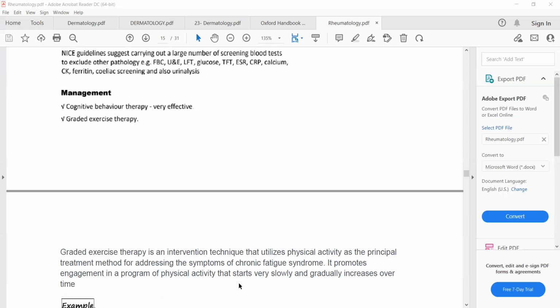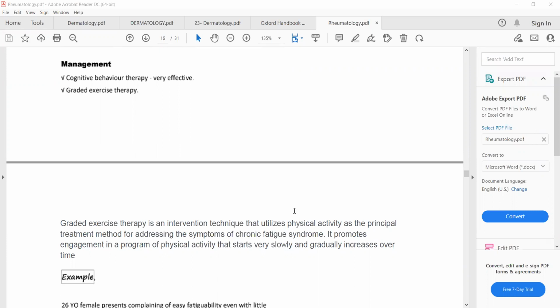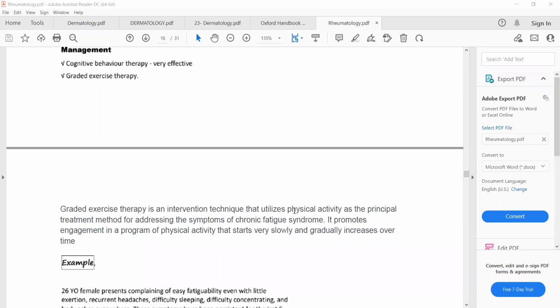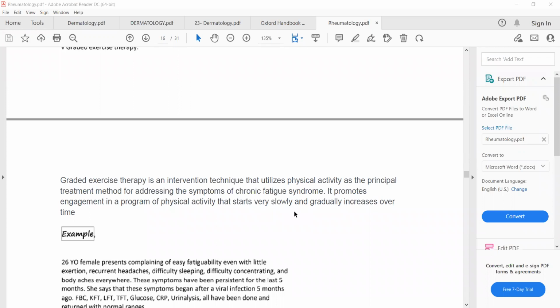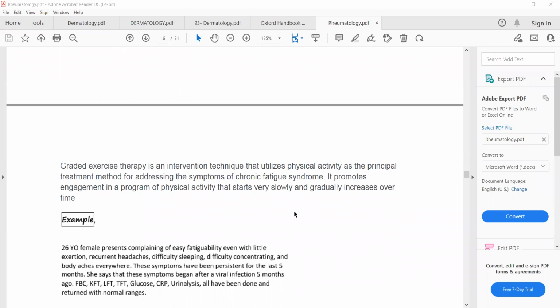It promotes engagement in a program of physical activity that starts very slowly. So physical activity is started very slowly and then it is gradually increased over time. This is known as graded exercise therapy. So cognitive behavioral therapy and graded exercise therapy are the treatment modalities that can be used in the management of chronic fatigue syndrome. Let's do an example.